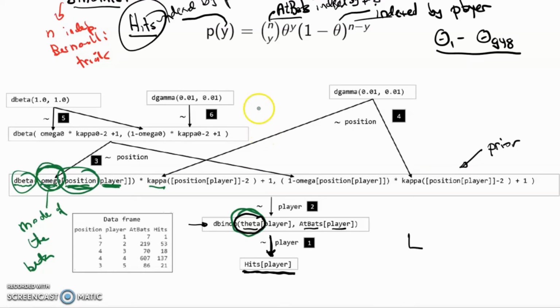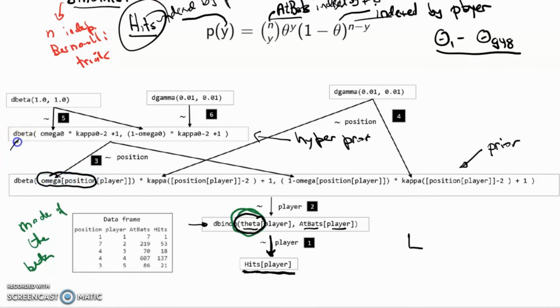And now we've got to have our hyperprior. What I really want to focus on is the hyperprior for omega indexed by position, because that's the real key. And that also is going to be a beta distribution that's going to be parameterized by now omega 0 as opposed to omega, and kappa 0.